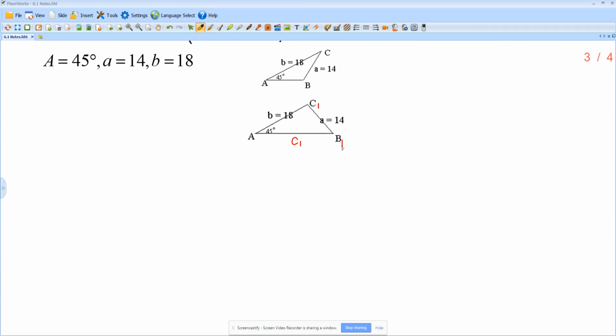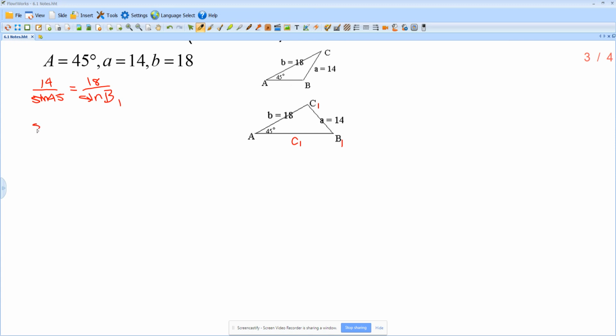So if I'm going to solve for this first, I'm going to set up our ratio 14 over sine 45 is equal to 18 over sine of angle B1.